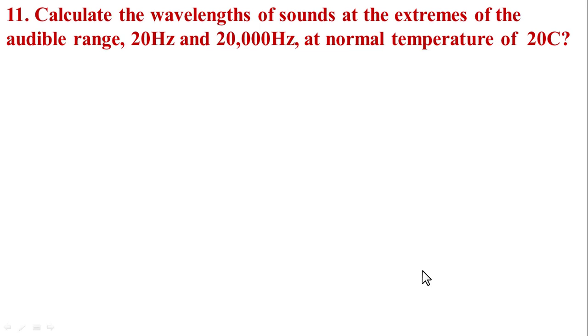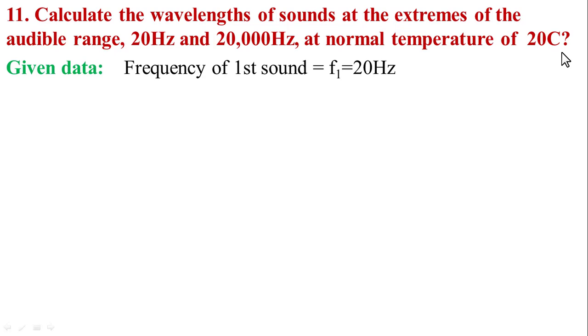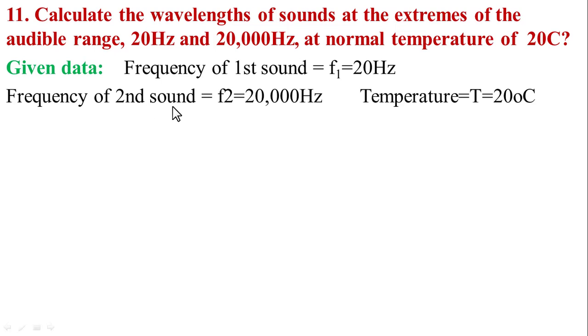Now we can find the other numerical. Question number 11: calculate the wavelength of a sound at the extremes of the audible range, 20 Hz and 20,000 Hz, at normal temperature of 20 Celsius. First of all, frequency of the first sound f1 is equal to 20 Hz and frequency of the second sound f2 is equal to 20,000 Hz. Temperature T is equal to 20 Celsius.